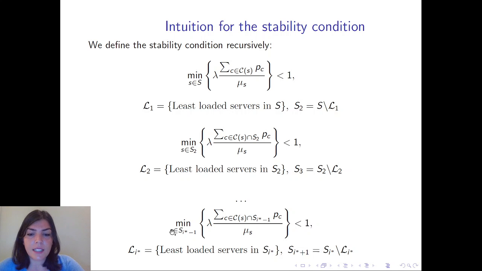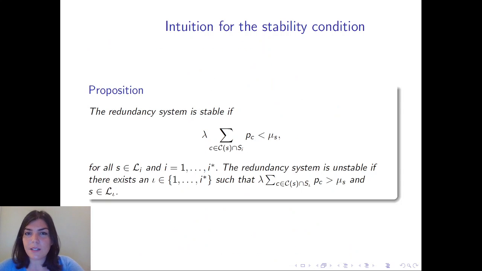So the last subsystem is going to be composed of the servers that are least loaded in the S_E star subsystem, and for S_E star plus 1 there are no more job types in the subsystem, so we stop there. So in the end, the stability condition is going to be characterized by the following set of conditions.